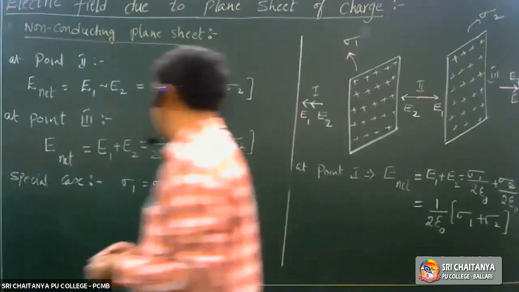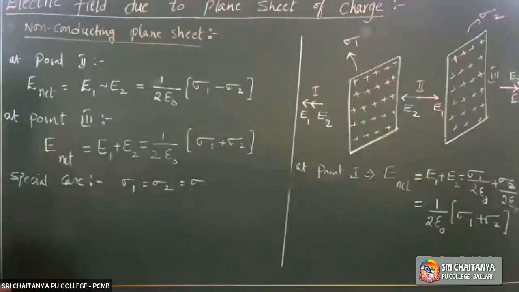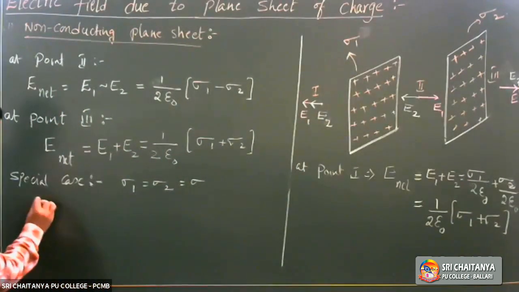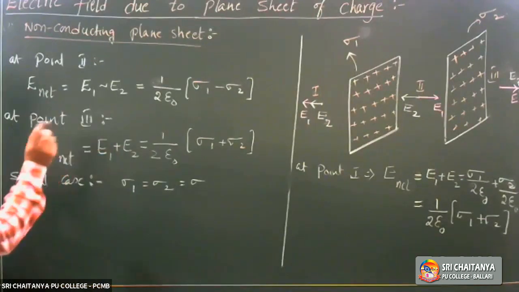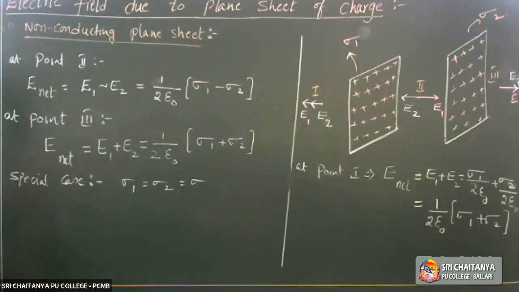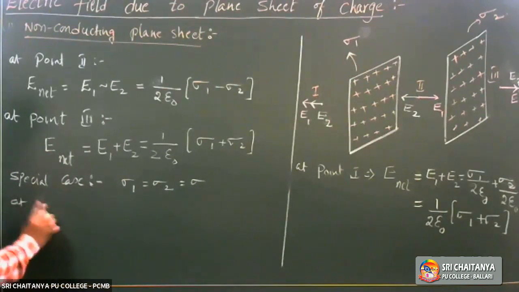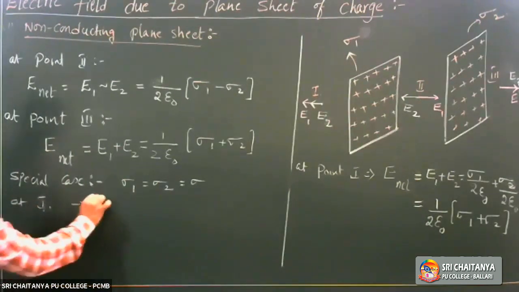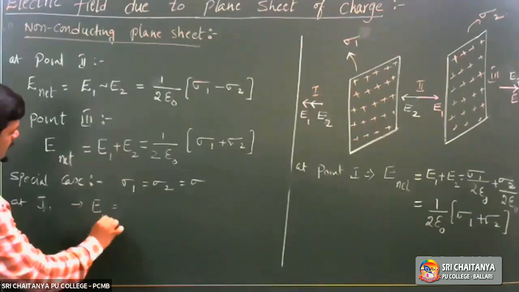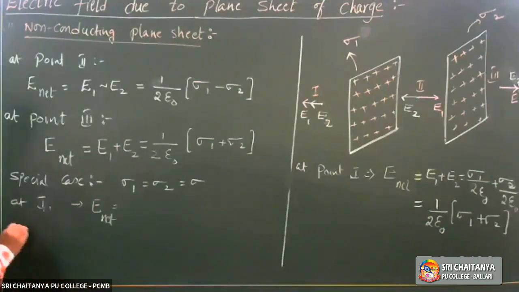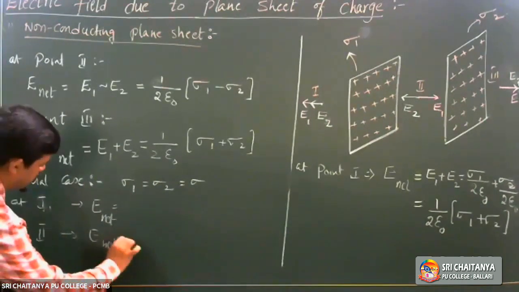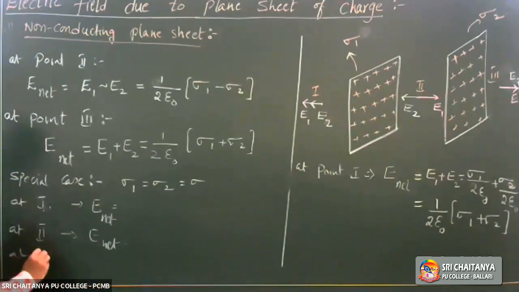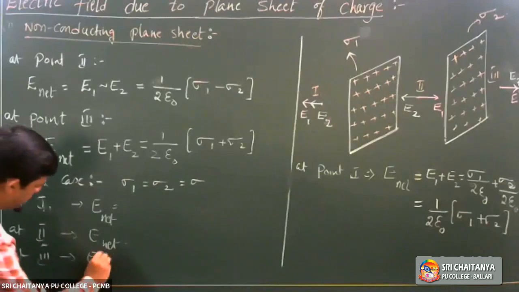Then from these expressions, can you tell what is E net at the first point, at the second point, and at the third point? At point 1, what is E net? At point 2, what is E net? At point 3, what is E net?